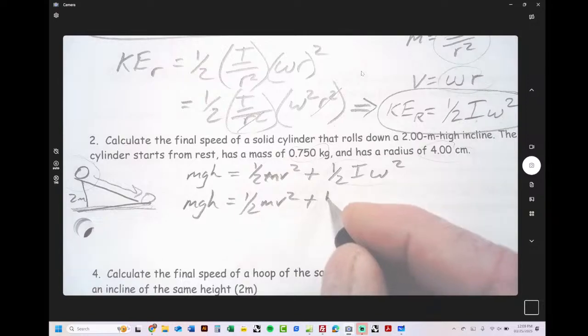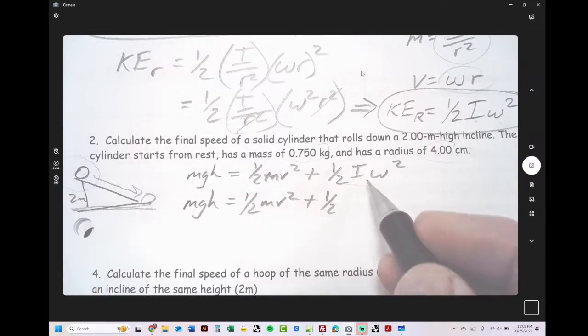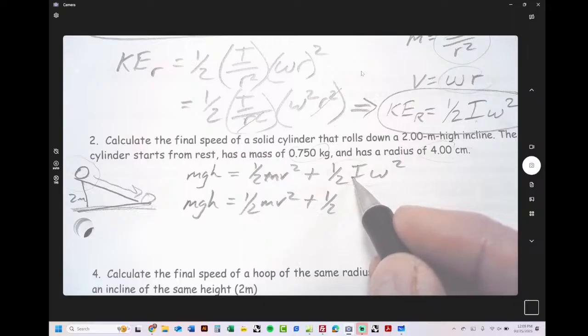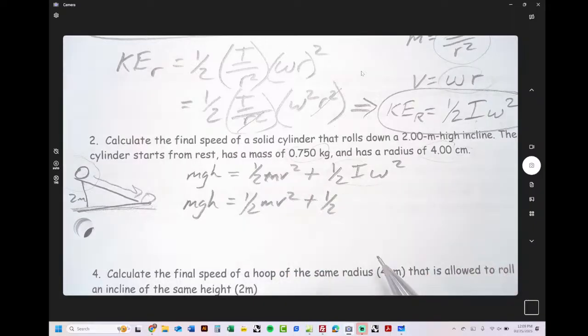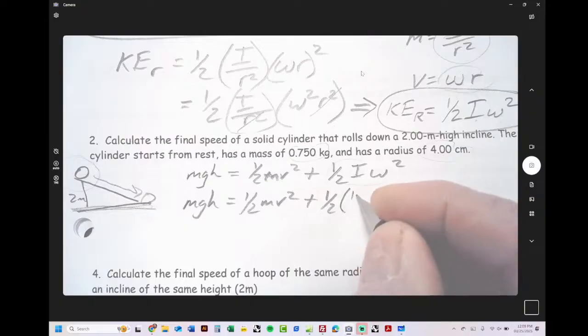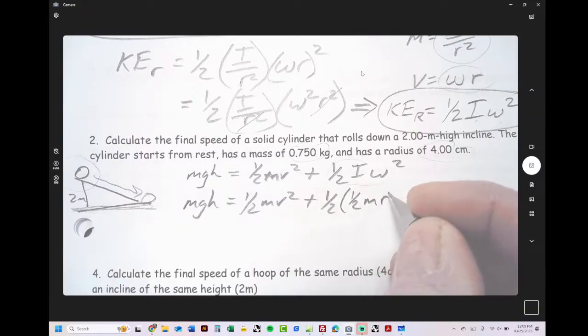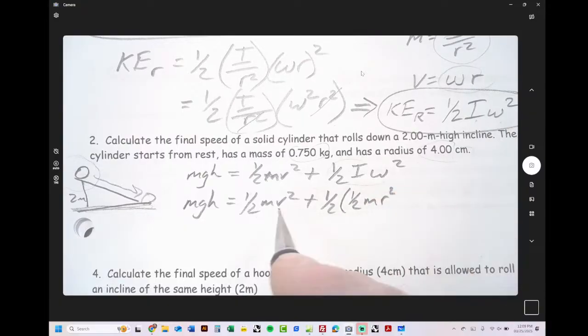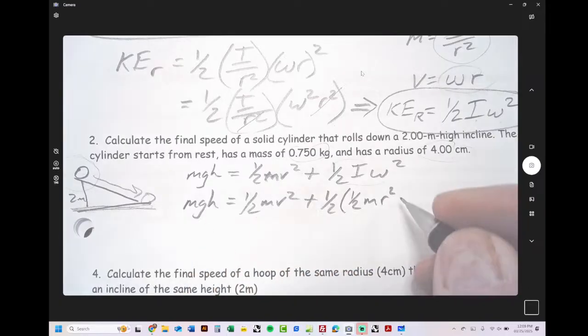So instead of I, what's the formula for the moment of inertia of a solid cylinder? 1/2 mr squared. You could look it up on the other sheet, but it's 1/2 mr squared. So now we've got an m here, and that's nice.